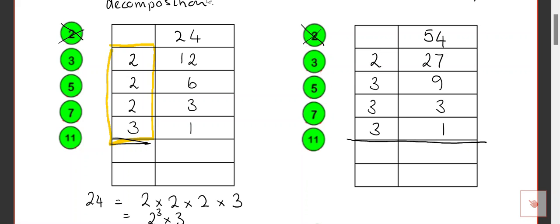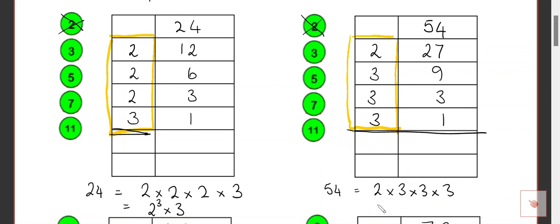So here's the 1, so it's done. So we've then got this is the prime factor decomposition. So my answer is 54 is equal to 2 times 3 times 3 times 3, or for those of you that are writing with exponents, 2 times 3 cubed.